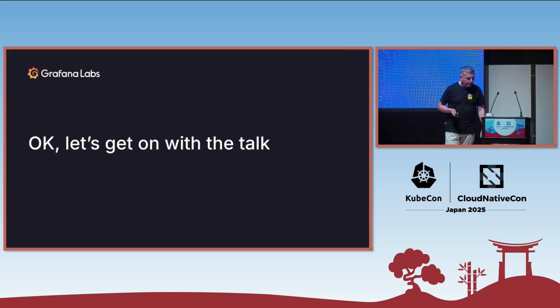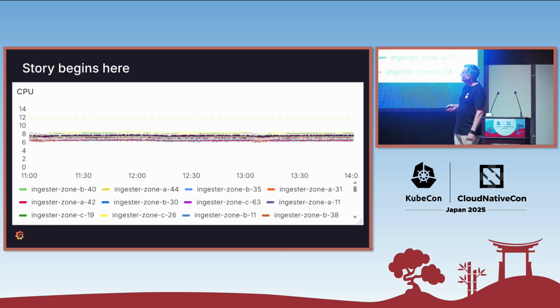OK, let's get going. So we start with a dashboard. This is one that I look at a lot. This is monitoring CPU usage of metrics ingest. We're receiving metrics into our cloud, and it's very, very steady. People send the same metrics over and over again.